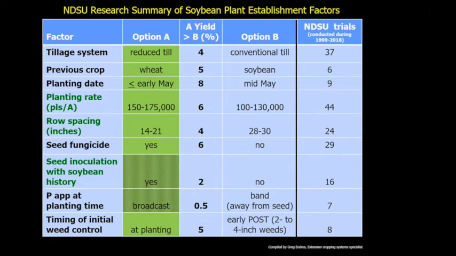And so there's a number of factors I'd like to point out and then talk about later with some of our newest research. And they include planting rates, row spacing, and then seed inoculation with soybean history.